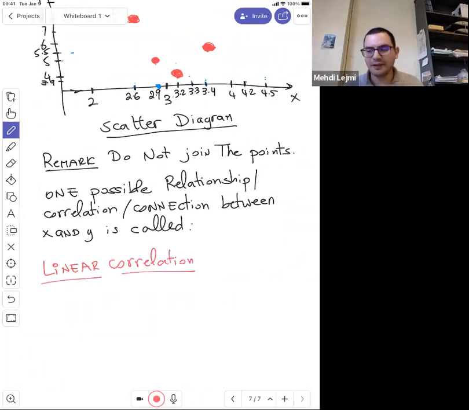So the idea here in the linear correlation, guys, is that your data, which is represented by this scatter diagram, is going to resemble a line.